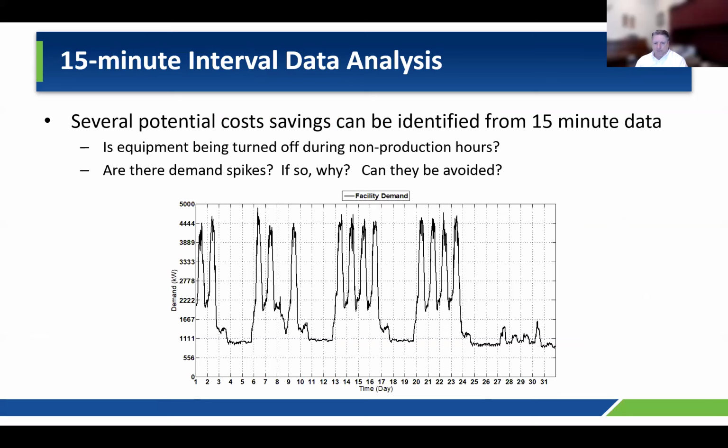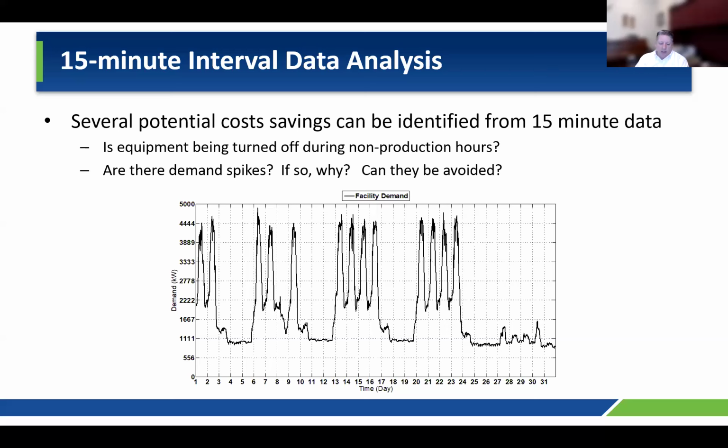15-minute data also offers unique insight. This is much more valuable if you can get a hold of it from your provider. 15-minute data such as the one shown here shows that there are cost-saving opportunities that can be identified simply from visual inspection.